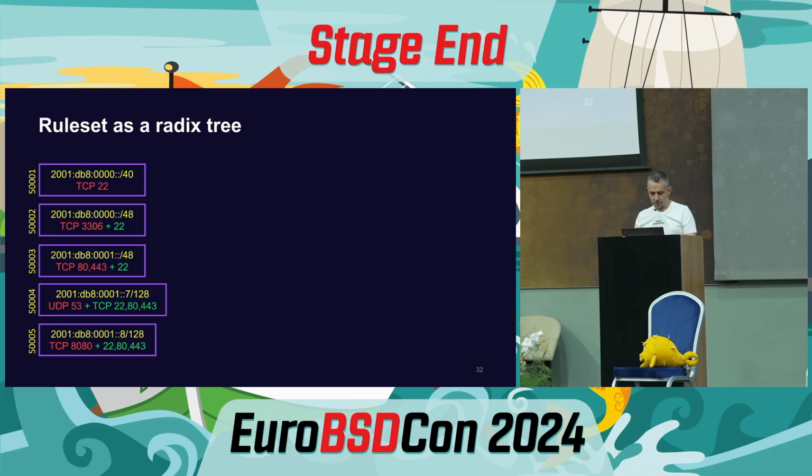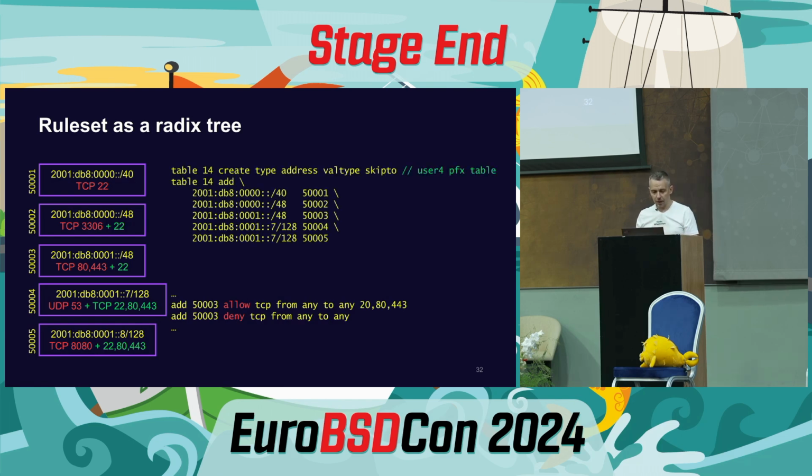Let's take a look at that. This is a set of rules that check for protocol and ports. And this is the per-user table as it should be written. So we have the prefix in the key and the rule number to check protocol and ports as a value.